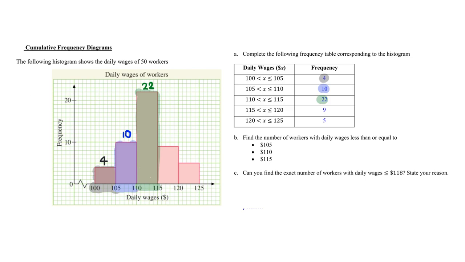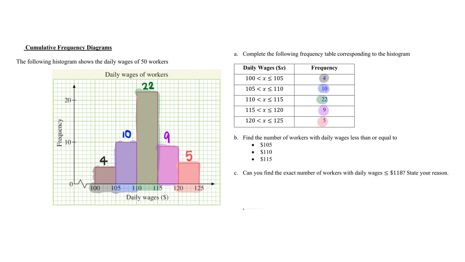And from here, the number of workers that have wages between 115 to 120 would be 9, which is here. Okay, and the last one would then be 5.